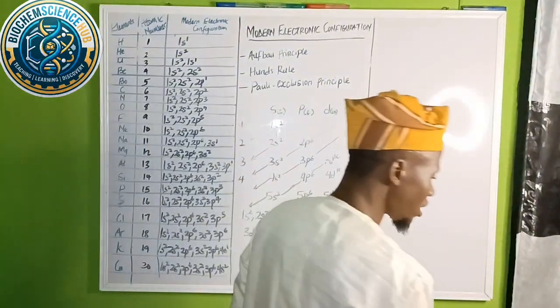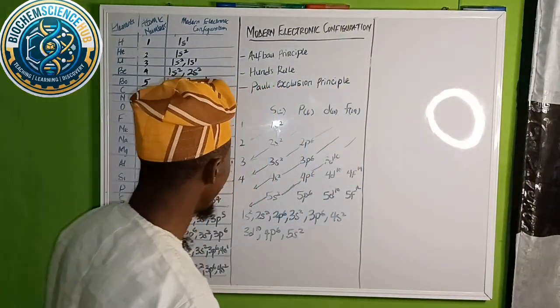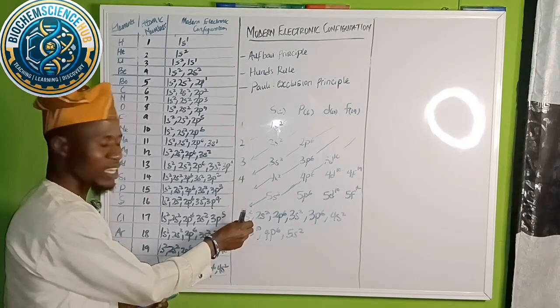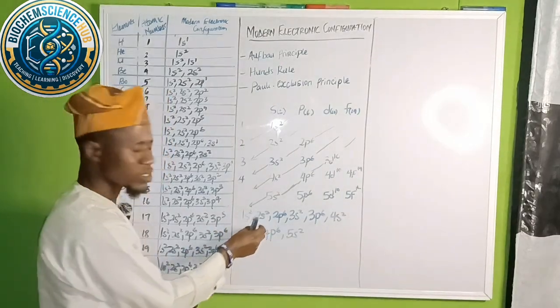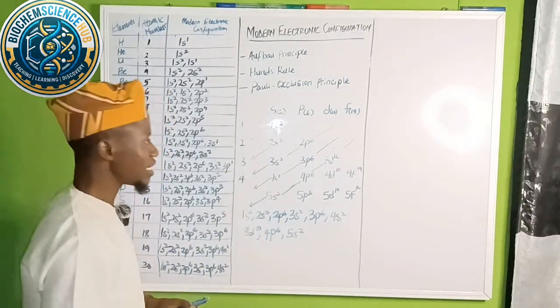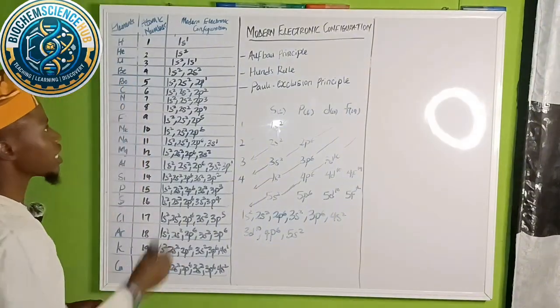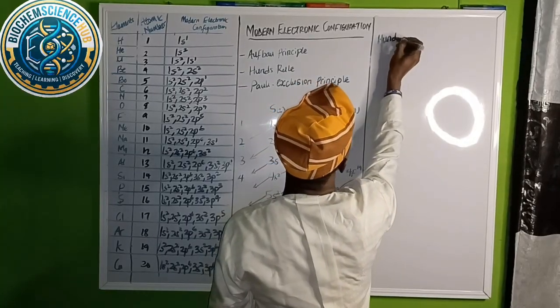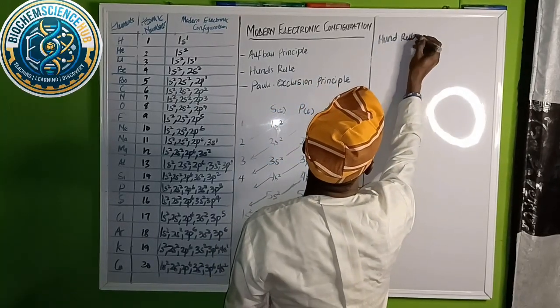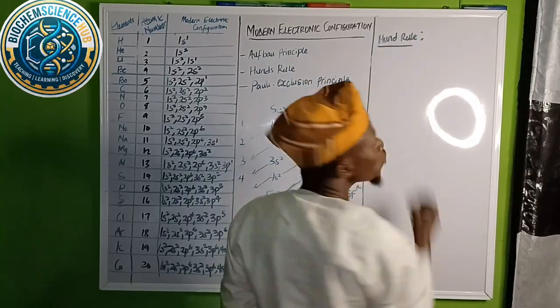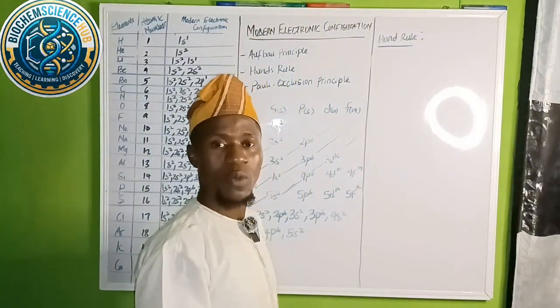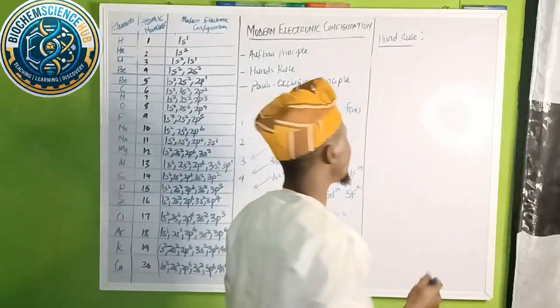So having known about this Aufbau principle, we have to fill an electron in the lowest energy level before moving to the next energy level. That's about Aufbau principle. So moving on, Hund's rule states that two electrons in the same sublevel must be separate.